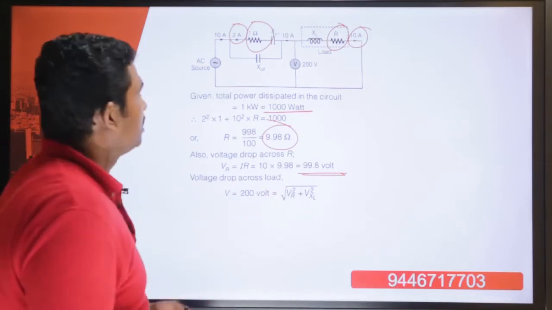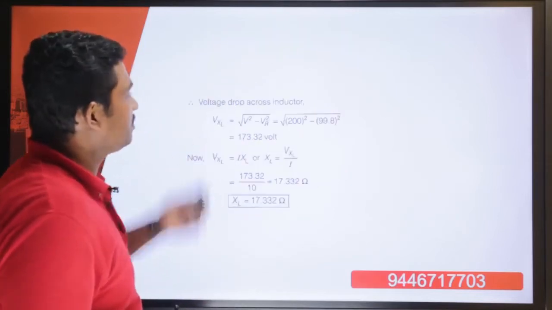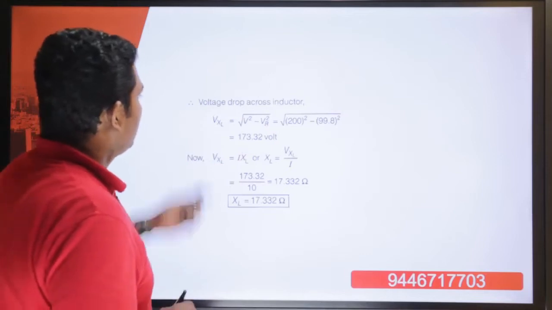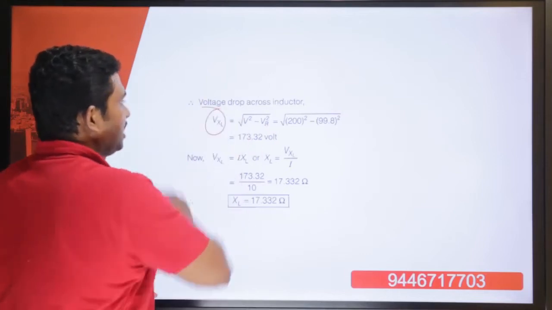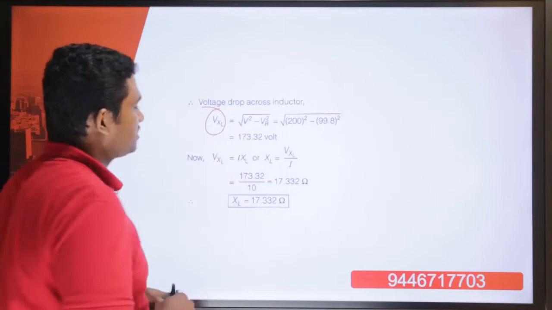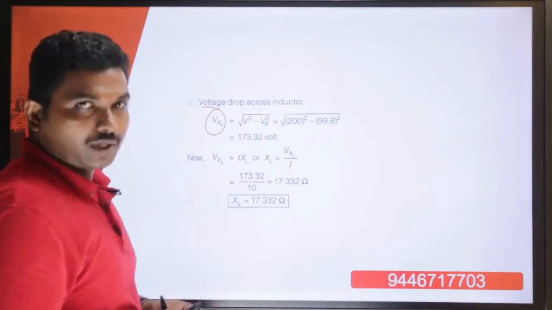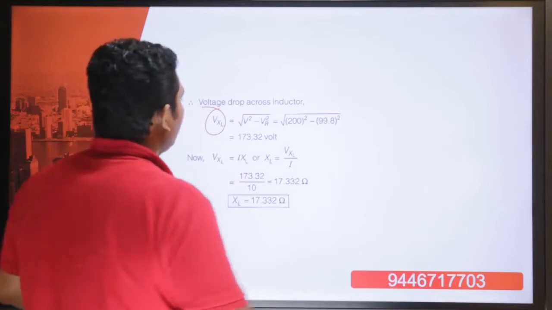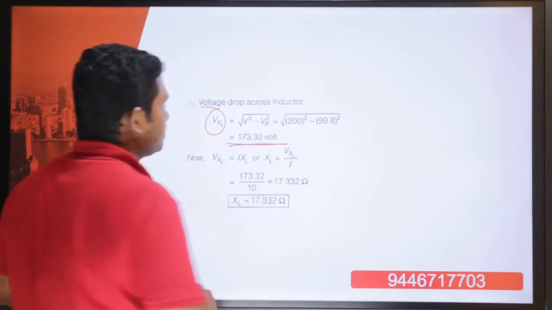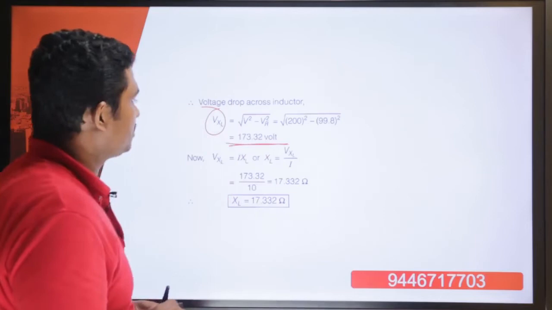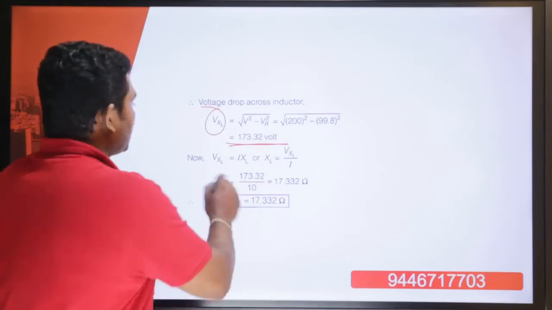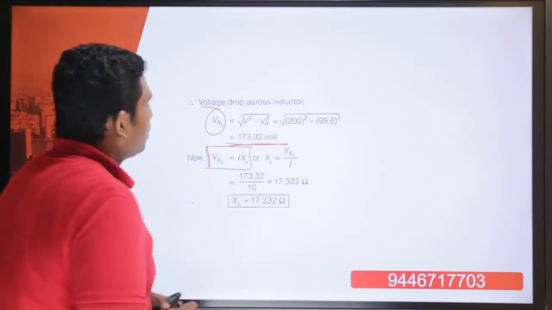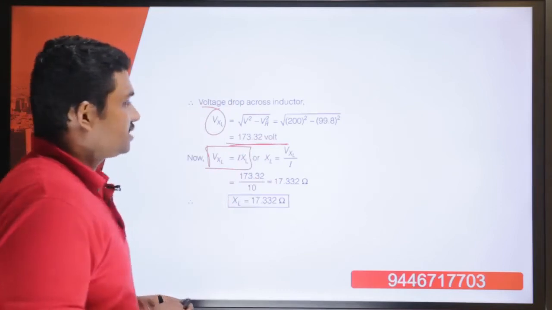So we can substitute VR and reverse the expression to VXL equals root of V square minus VR square. V is 200, VR is 99.8. From this VXL we will get it as 173.32 volt.